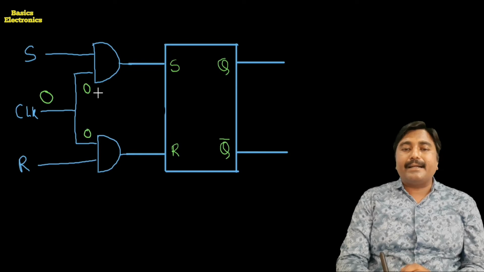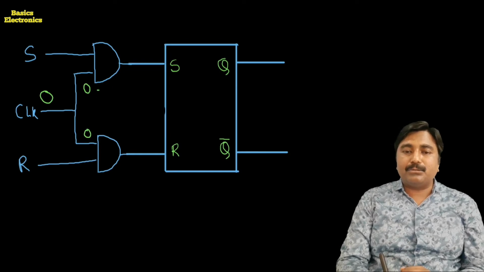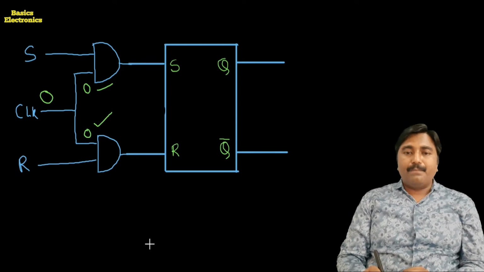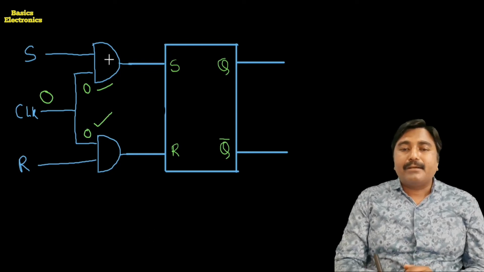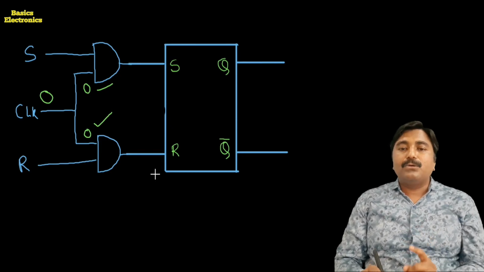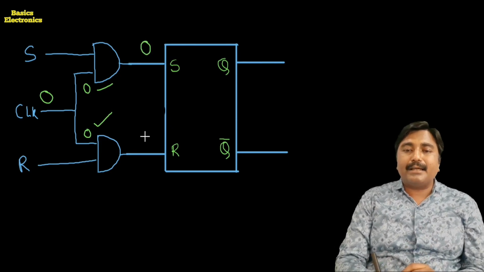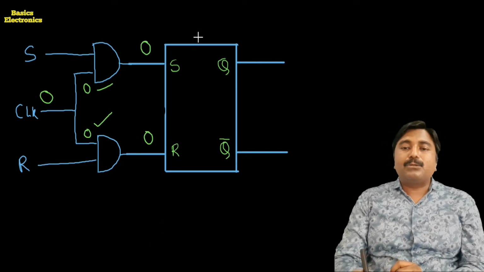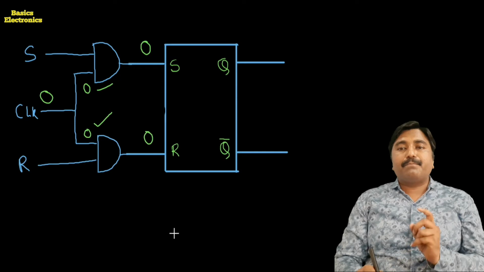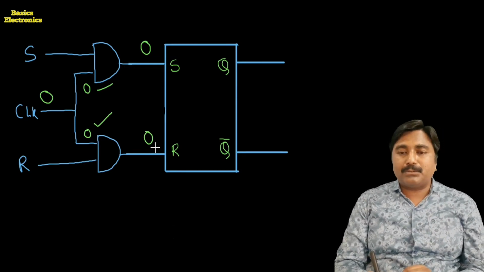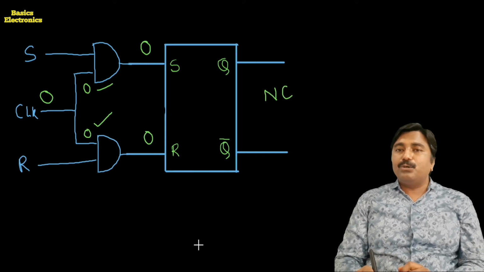We know that when any one input of the AND gate is low, its output is low. It is in the disable condition. So the input for the flip-flop is S equals 0 and R equals 0.